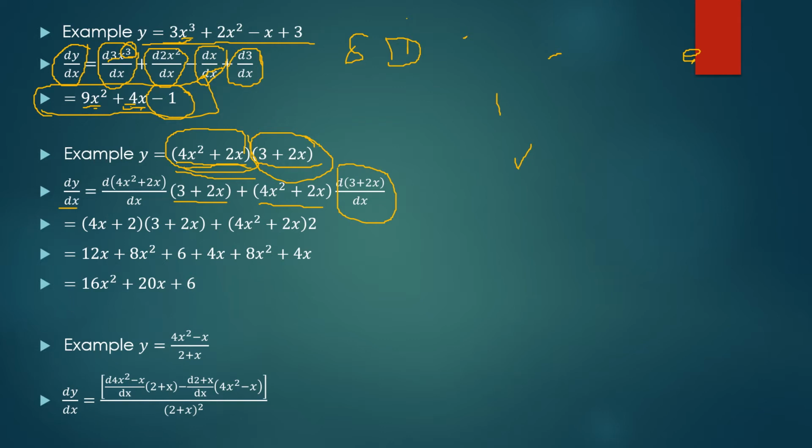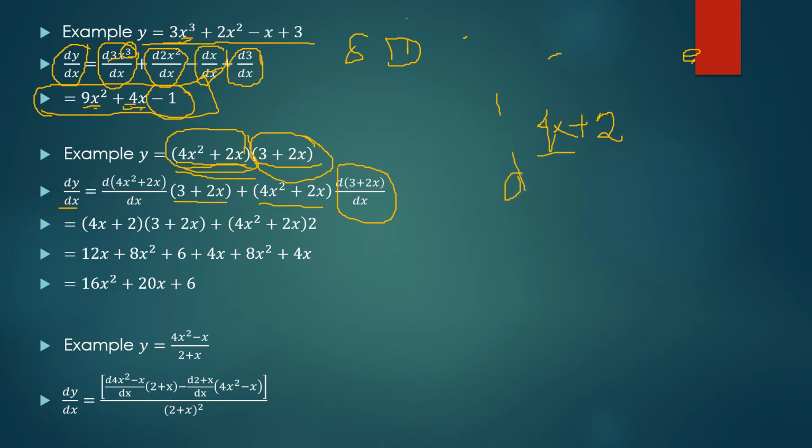So first here we have what we call the 4x plus 2, 4x plus 2. Now we're going to derive that. So let's first derive this one.